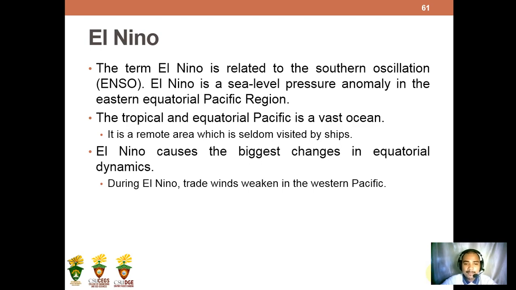The tropical and equatorial Pacific is a vast ocean and a remote area which is seldom visited by ships. And El Nino causes the biggest changes in equatorial dynamics. During El Nino, trade winds weaken in the Western Pacific.